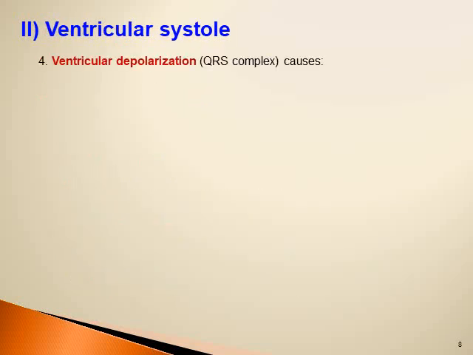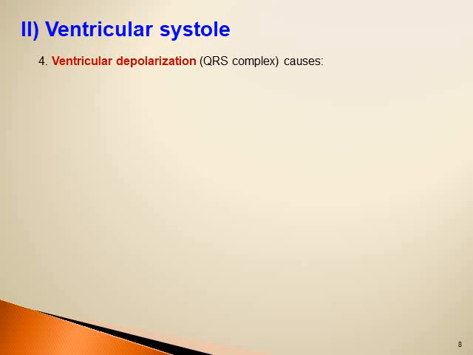The second phase of the cardiac cycle is ventricular systole. Ventricular depolarization occurs after the action potential passes through the AV node, with a delay in the AV node of 0.1 second. It will pass to the AV bundle, and then it will spread through the bundle branches and Purkinje fibers, leading to ventricular depolarization that can be seen as a QRS complex or QRS interval on the ECG.